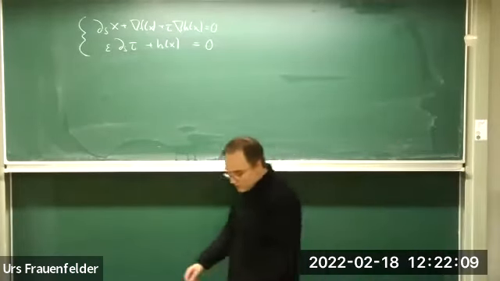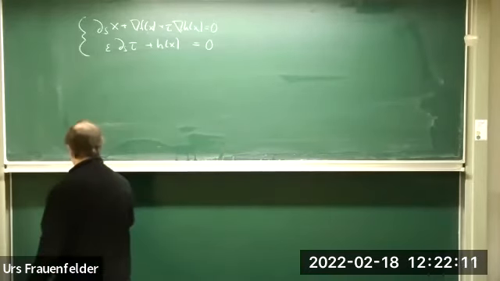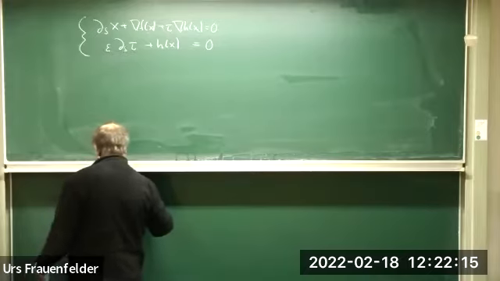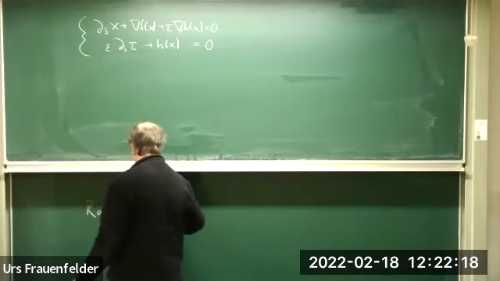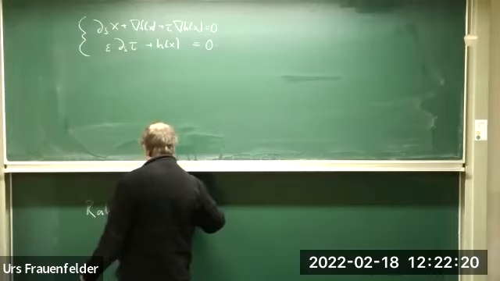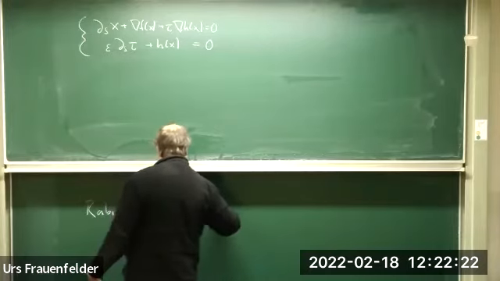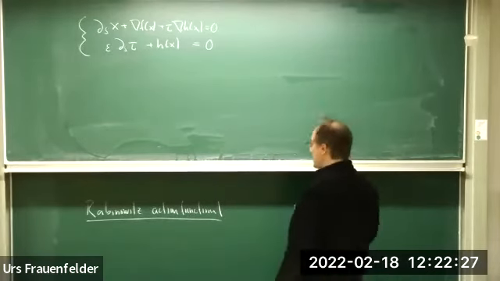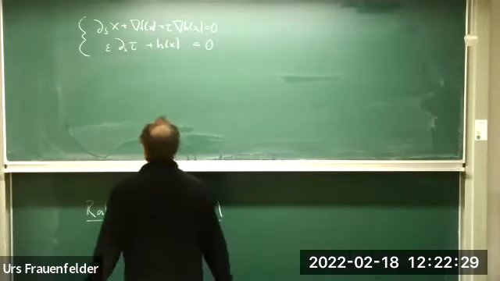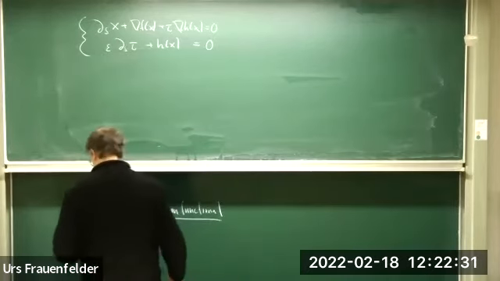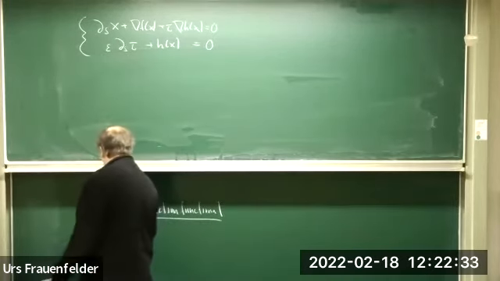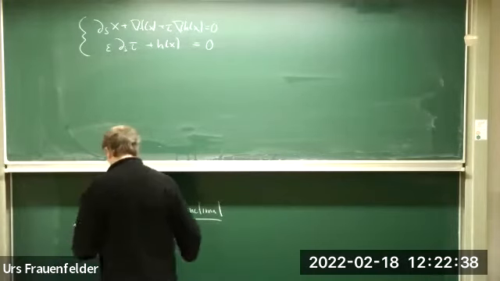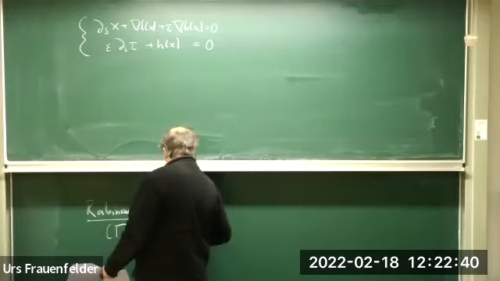So let's go to the Rabinowitz action functional. Let me assume that we have some exact symplectic manifold (M, ω = dλ).